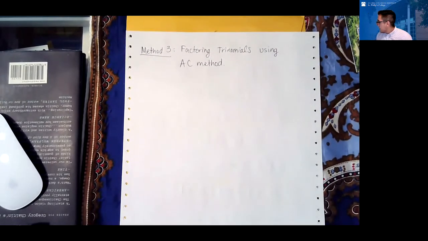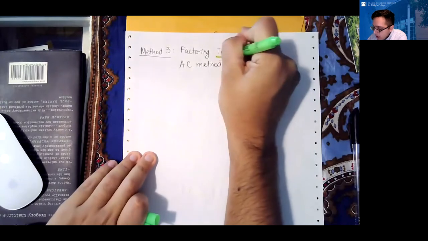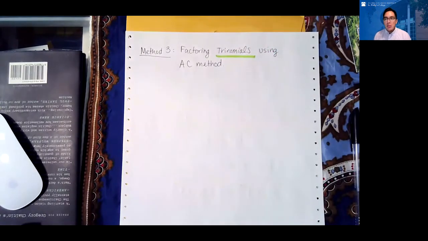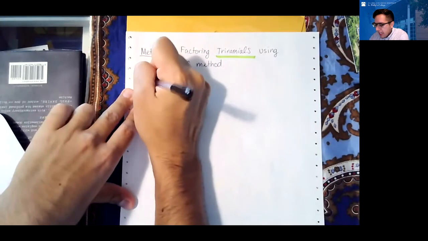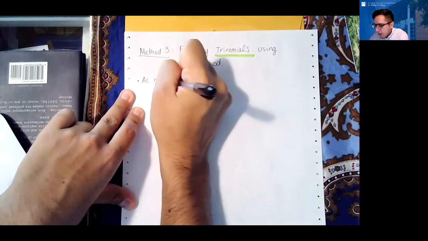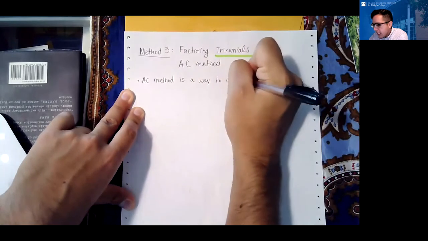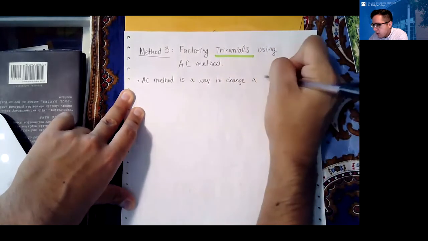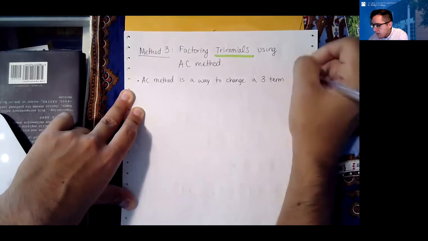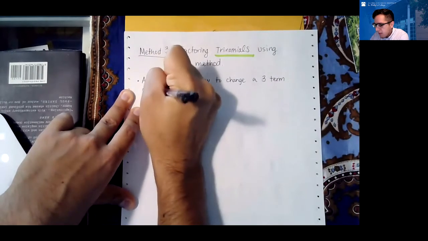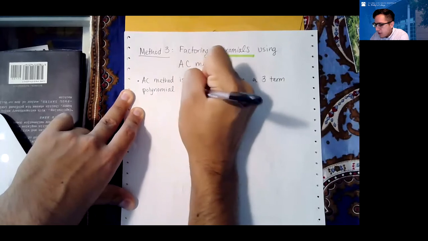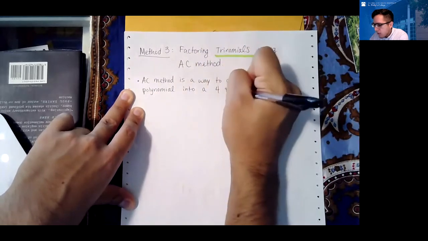Okay. So this is a technique that's used specifically on trinomials, meaning that we should be using this only on polynomials that have 3 terms. The AC method gives us a way to change a 3-term polynomial into a 4-term polynomial.